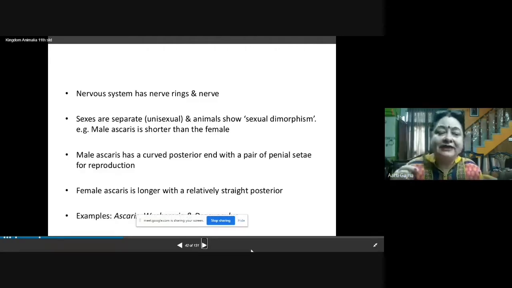The males have a curved posterior end with a pair of penial setae, and these penial setae help in reproduction. Female Ascaris is longer with a relatively straight posterior. That means the end of the female Ascaris is long and straight, whereas in males you will find a curved posterior end.